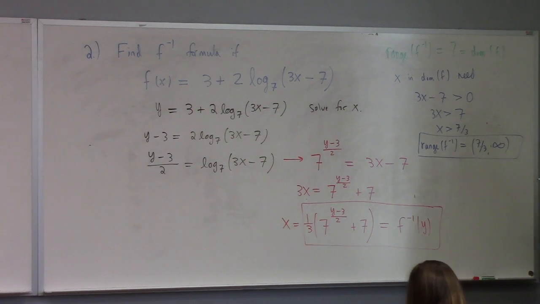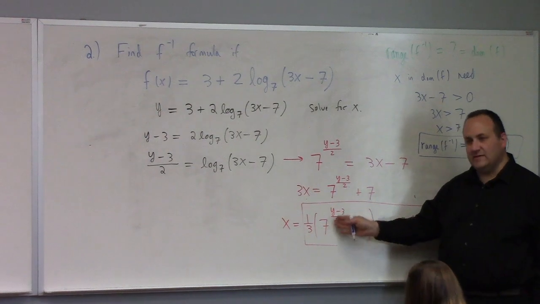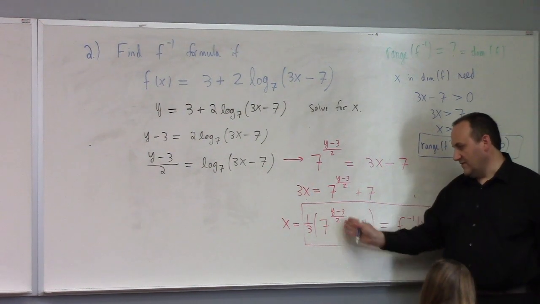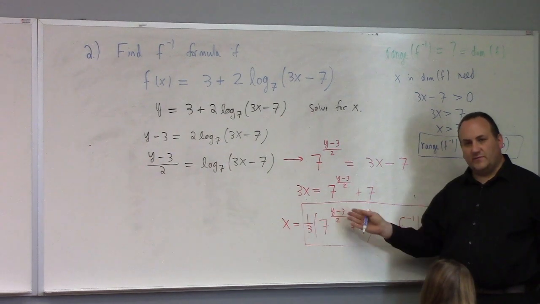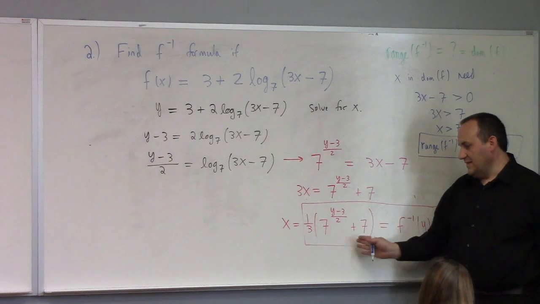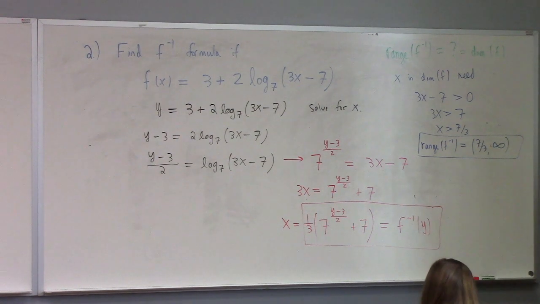Yeah. As y gets really negative, this becomes super tiny, right? So as y goes to minus infinity, this term drops out to 0, and you're just left with 7/3. It never gets there though. When y equals 3, this is equal to 8/3, for example. Anyway, does that make sense?